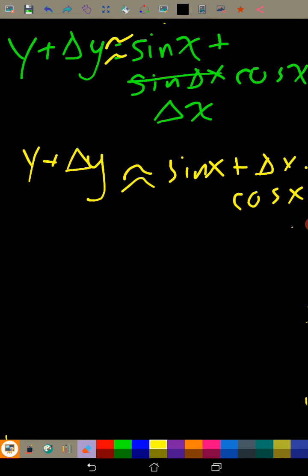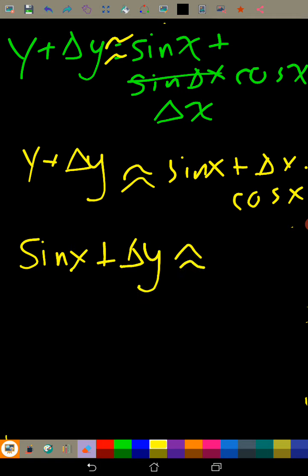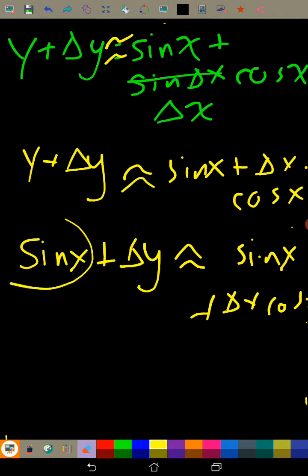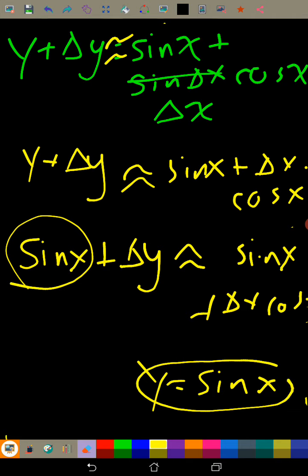And we can say sine x plus delta y is approximately sine x plus delta x cos x. What have we done here? Yes, we have sine x here because y is equal to sine x. We just put it here.